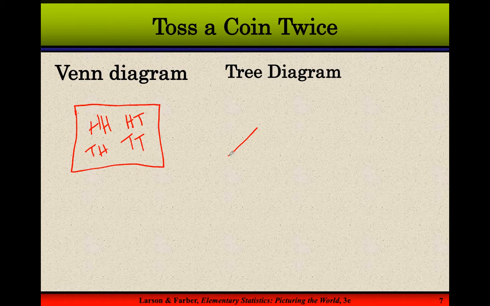Now with a tree diagram, the first toss of a coin gets its own set of branches. So I could get a heads or I could get a tails. Now what if I get a heads? Then I flip the coin again and I could get a heads or I could get a tails. But what if I got a tails on the first go around?